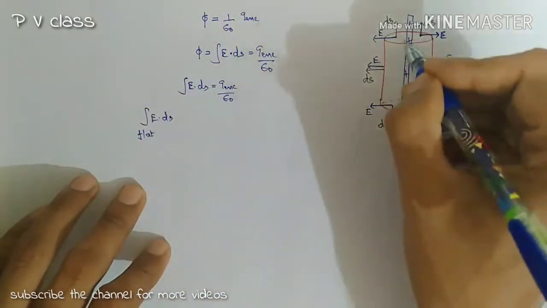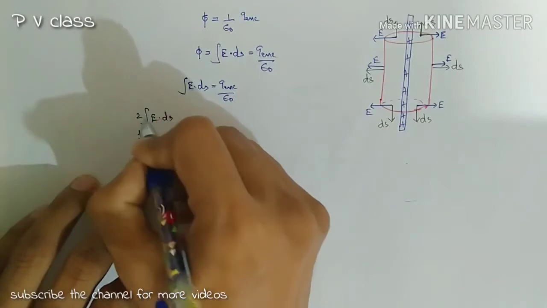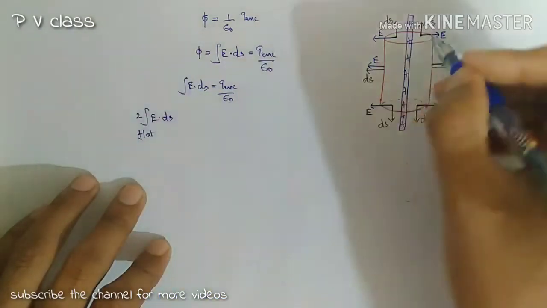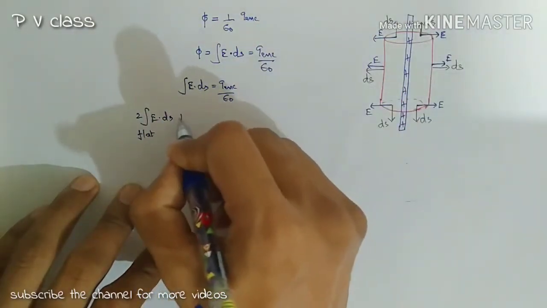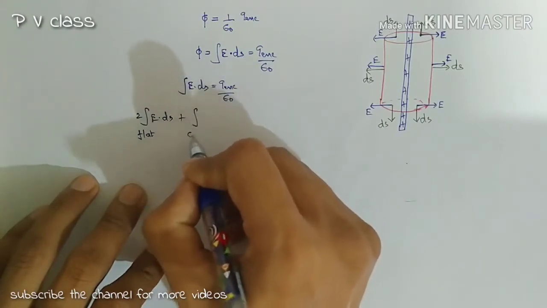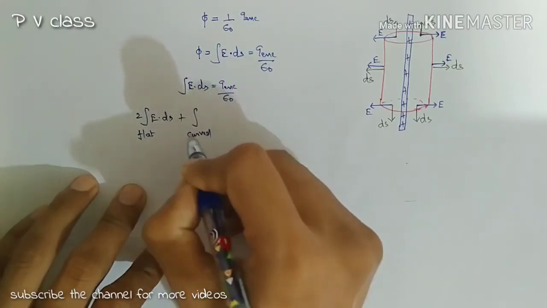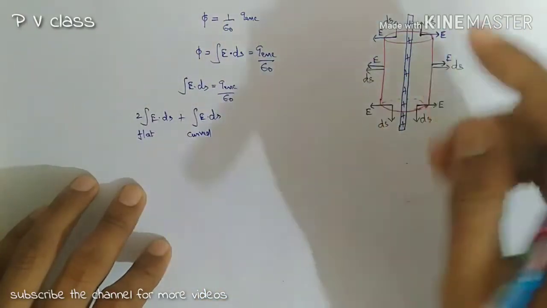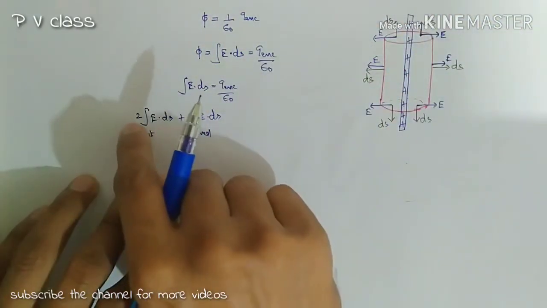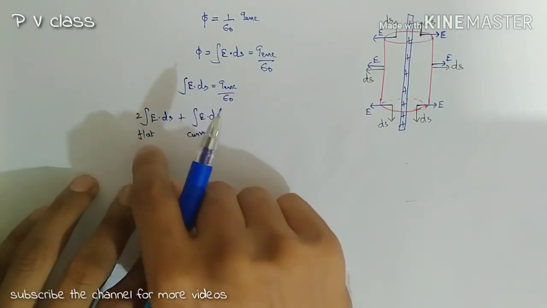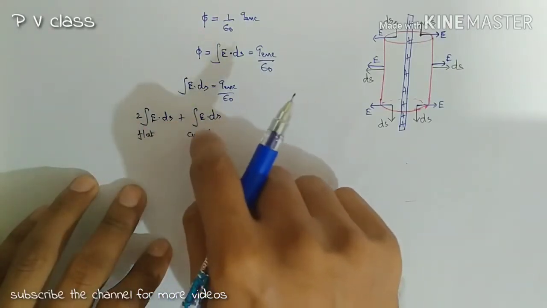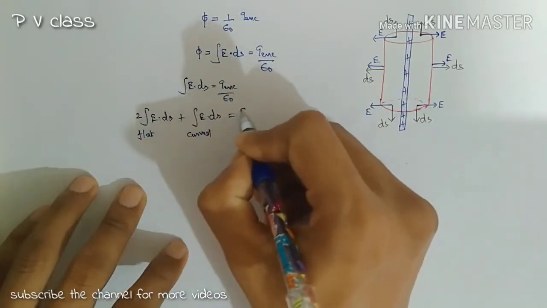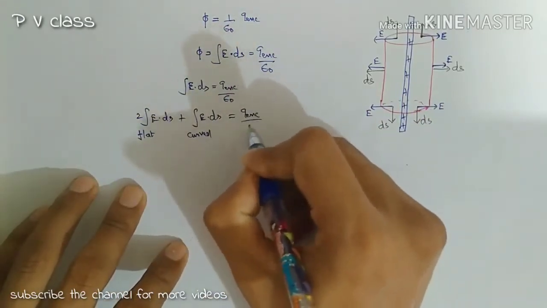We have two flat surfaces, therefore 2 into integral flat E dot ds, plus integral curved E dot ds. Since there is only one curved surface and two flat surfaces, that's the reason why we write 2 times the flat integral of E dot ds plus the curved integral of E dot ds, that is equal to q enclosed by epsilon 0.